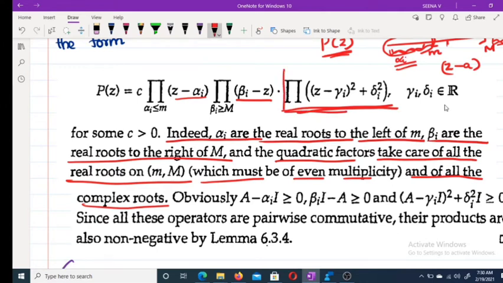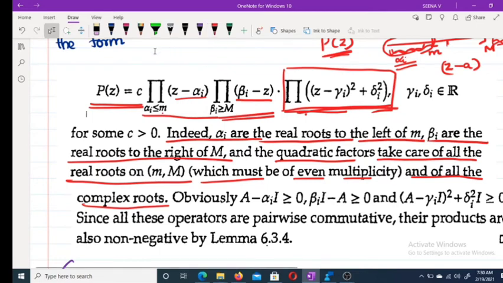This term I will discuss later, how this term comes. Hope this is clear. Alpha I less than or equal to m and beta I greater than or equal to M. And this portion I will discuss later. And P of z you can write like this.